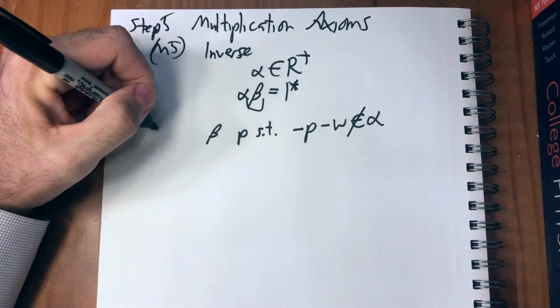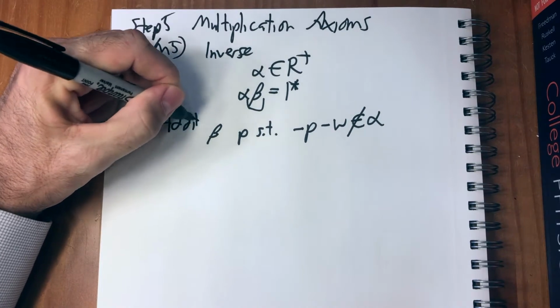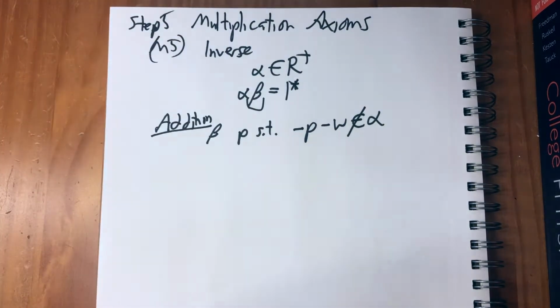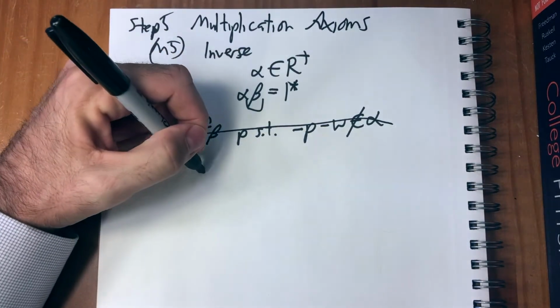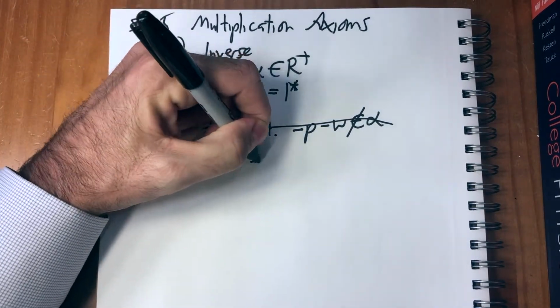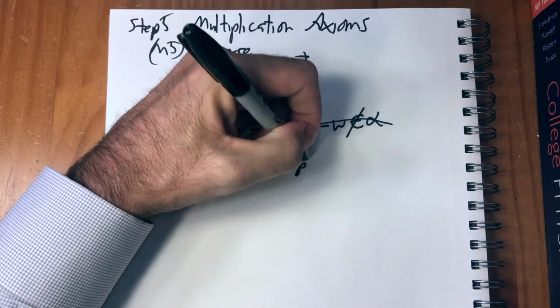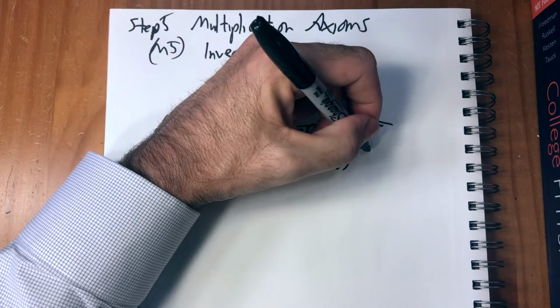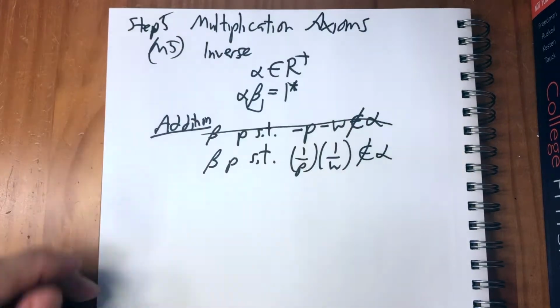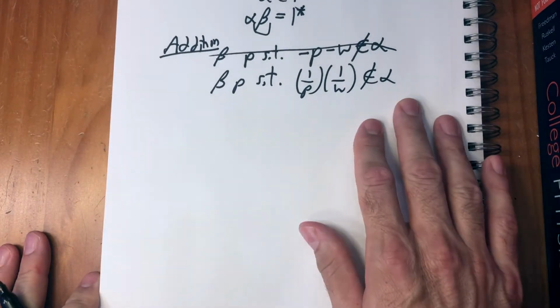That's what it was for addition. So for multiplication, actually, this isn't what it was. For multiplication, it was p such that 1 over p times 1 over w is not in alpha. Okay?